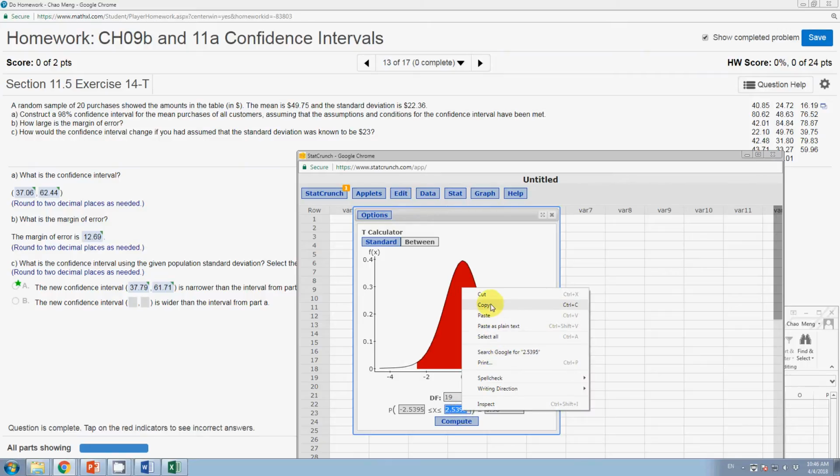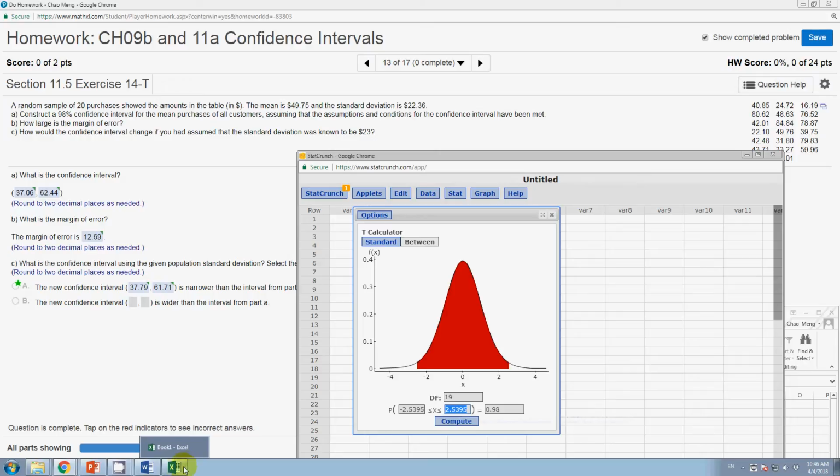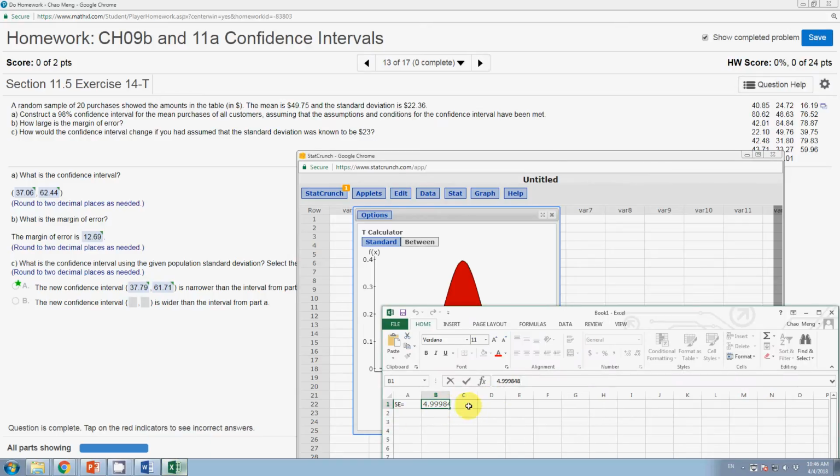Okay, so let's copy this one. This is the critical value t. So the critical value, t star, is going to be this number. Let's fix the decimals.